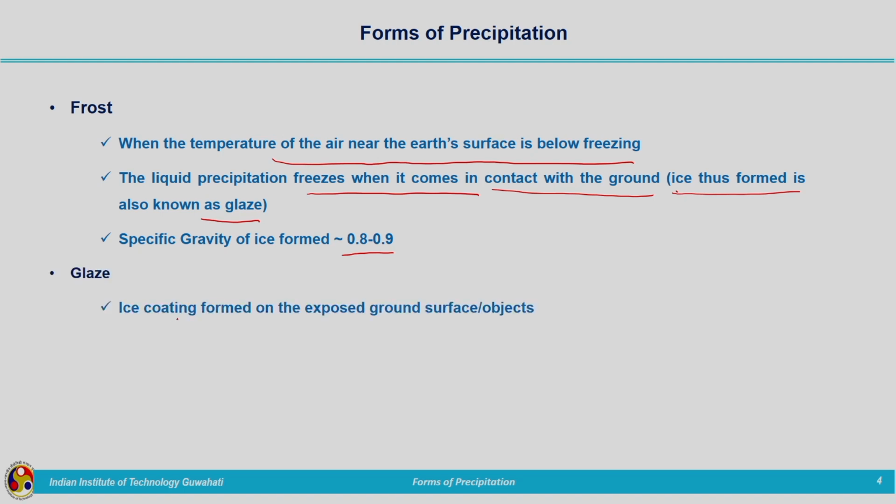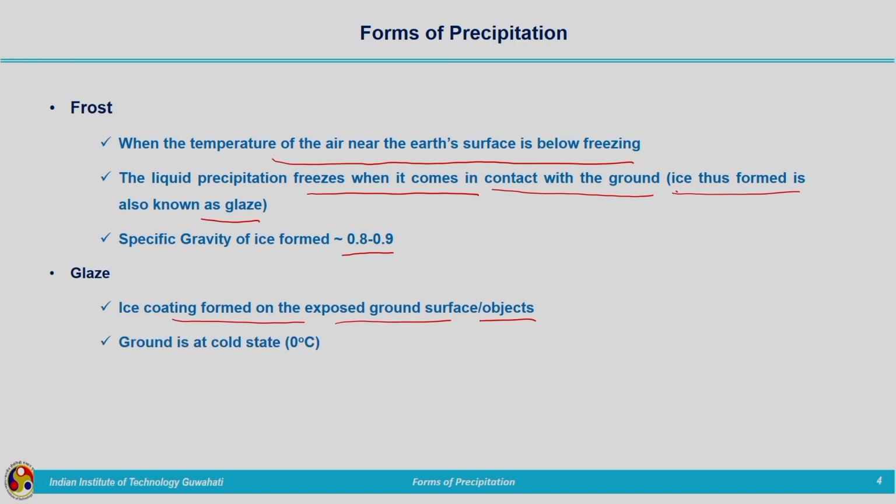Glaze, in detail, is the ice coating formed on exposed ground surfaces or exposed objects. When you go out, there are many objects outside and also exposed ground surface. The temperature near the ground and these exposed objects is approximately 0 degrees Celsius.